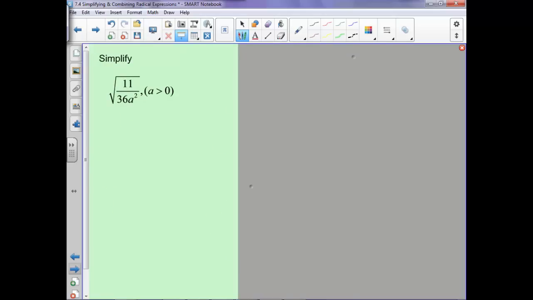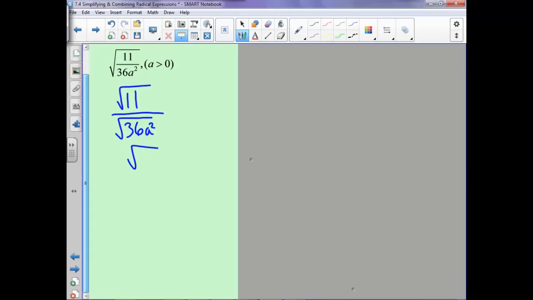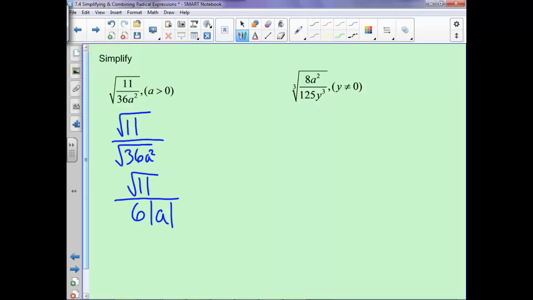Now this one, we can break it out so we have square root of 11 over square root of 36a squared. Square root of 11 doesn't simplify nicely, so we can leave it. But the square root of 36 is 6. Square root of a squared is the absolute value of a. This one, same idea.